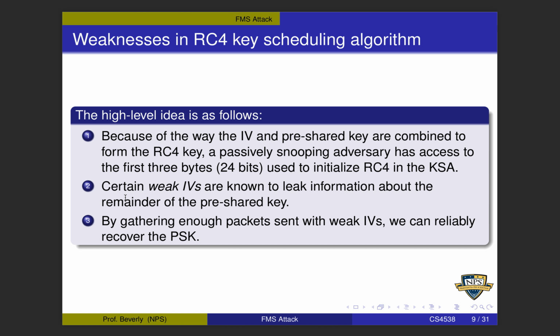Second, certain weak initialization vectors are known to set up the key scheduling algorithm in such a way that it has the potential to leak information about the remainder of the pre-shared key. And third, by gathering enough packets sent with these weak IVs, we can reliably recover the PSK.